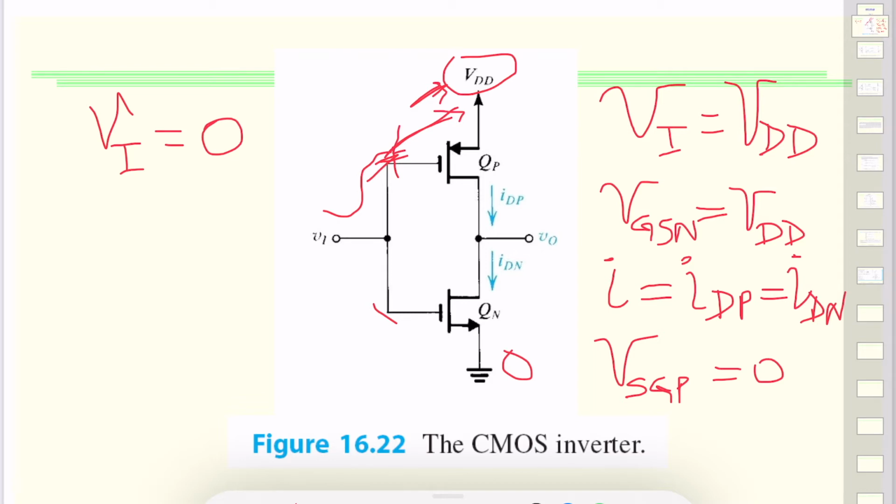So the gate to source for the PMOS is 0, which means it's less than the threshold voltage, so there is no current. It's an open circuit on this side, so the current is 0, if I may write it here. But there are implications about this.